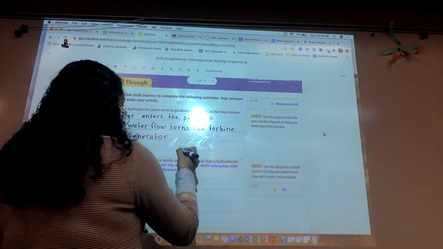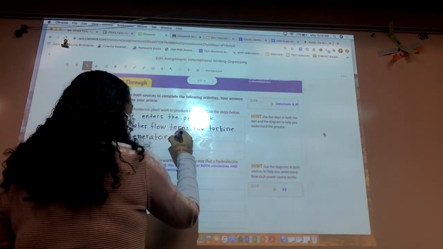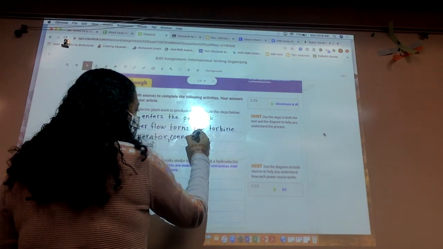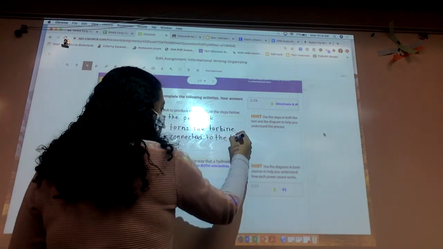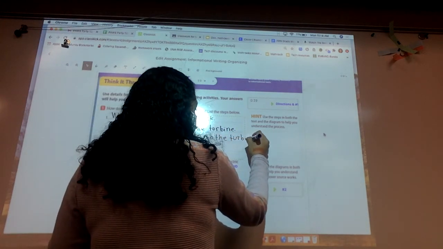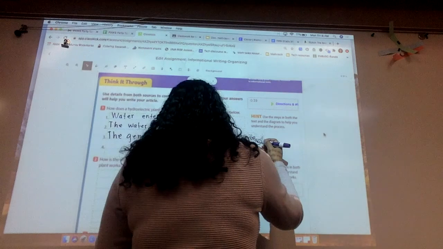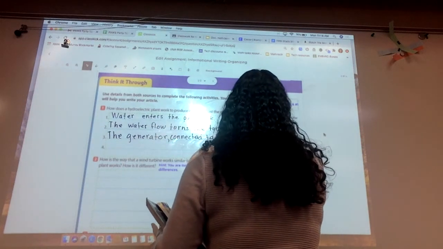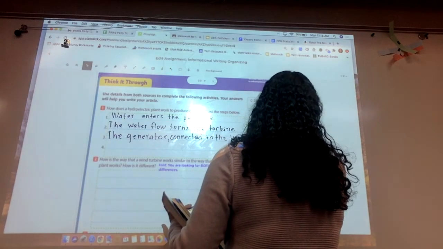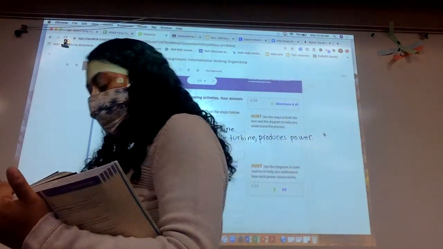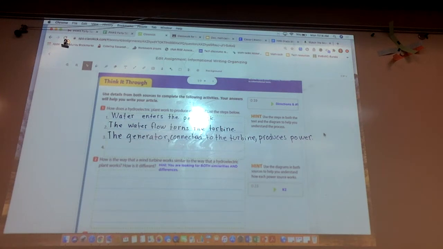Okay, so the generator, comma, connected to the turbine, comma, produces power. Write down that. Period.